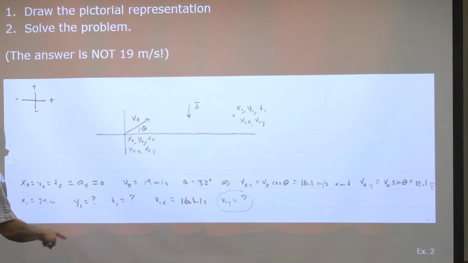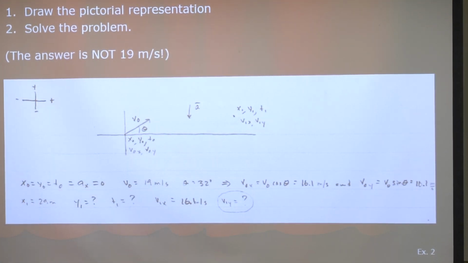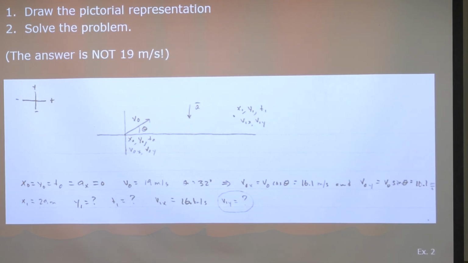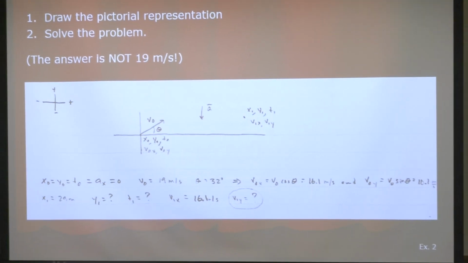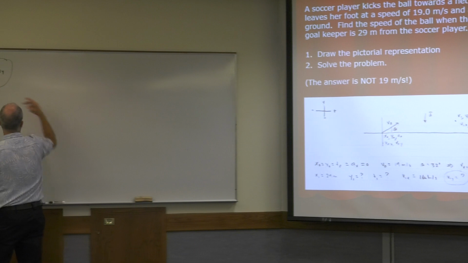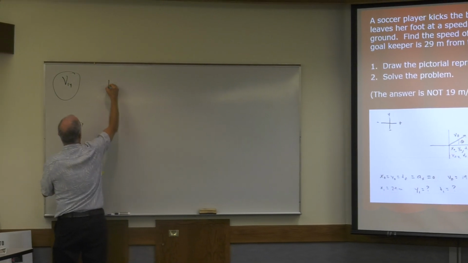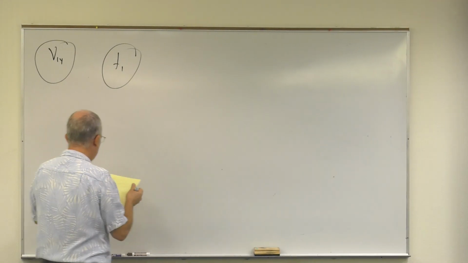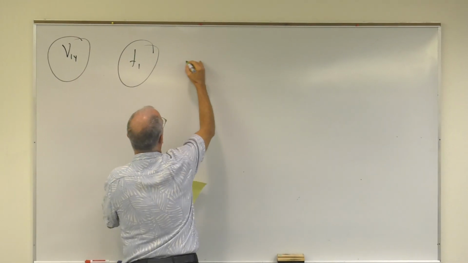I also know the horizontal distance. Well, think about it. If you know the horizontal distance and the horizontal velocity, what else do you know? You know the time, right? I can't get v1y directly, so I'll get t1, and then I'll be able to get this. And again, piece of cake.